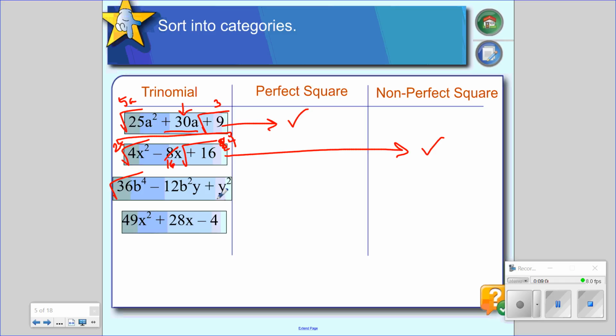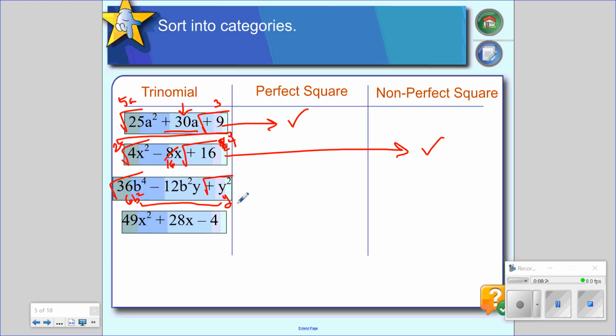If I take the square root of my ends, it is possible. The square root of 36b to the 4th would be 6b squared. Remember to halve your exponent when you're square rooting it. And the square root of y squared is y. Now, we want to confirm that our middle term would be twice this product.